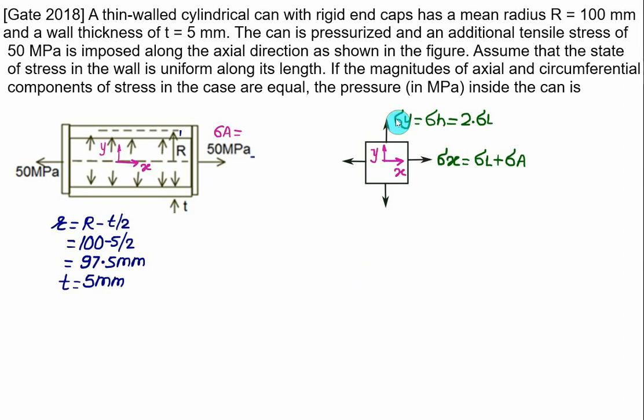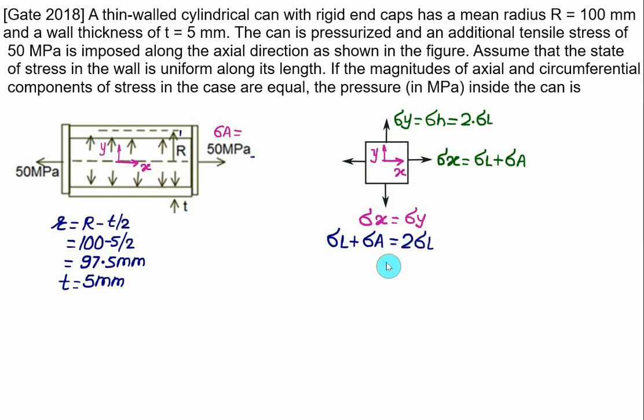He says that the magnitude of the axial, that is sigma x, and the circumferential component, that is sigma y, are equal. So in this case we'll equate sigma x with sigma y. Sigma x will be equal to sigma L plus the axial stress sigma A, which is equal to 50, and sigma y is sigma h, which is 2 times sigma L.